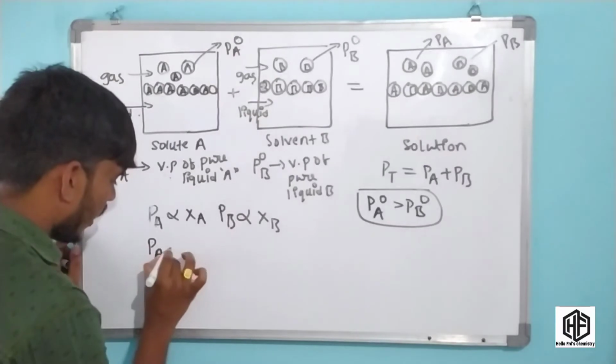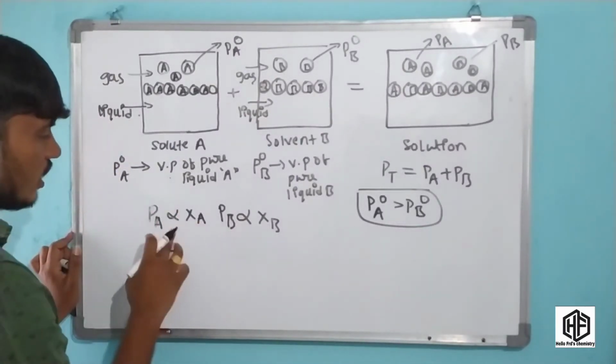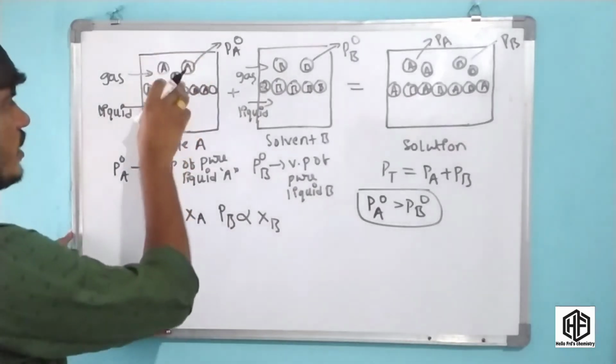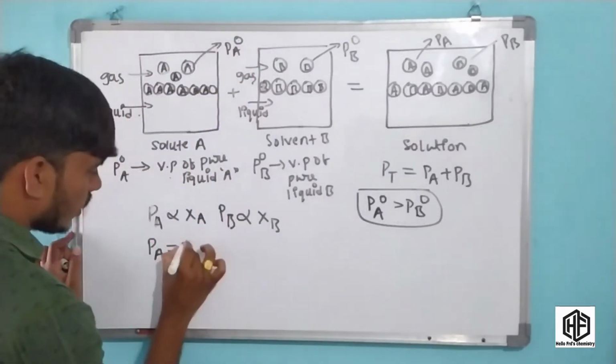Now PA is proportional to the mole fraction. Now the proportionality sign is eliminated. The pure liquid vapor pressure is constant, so this constant is introduced.